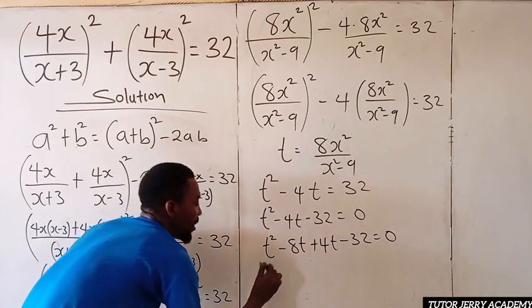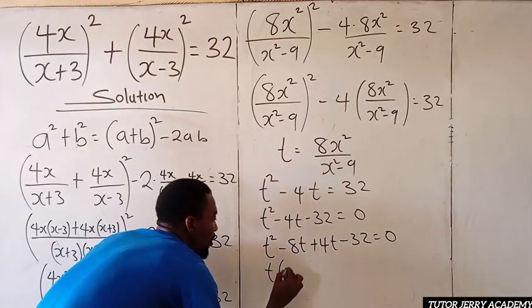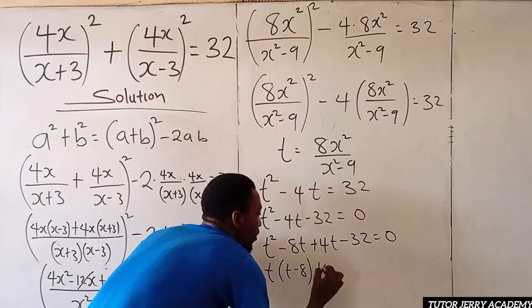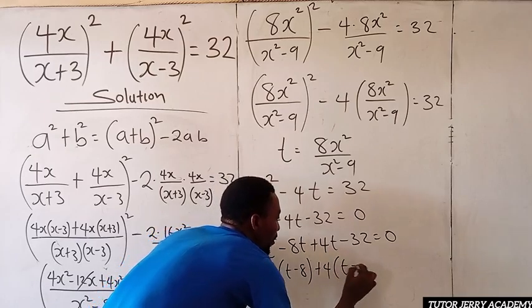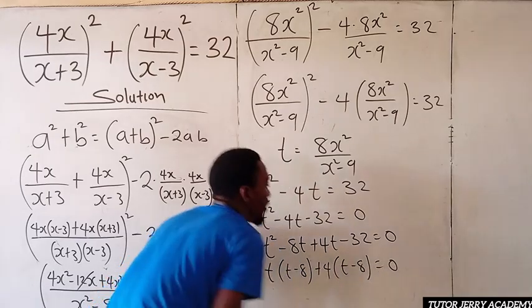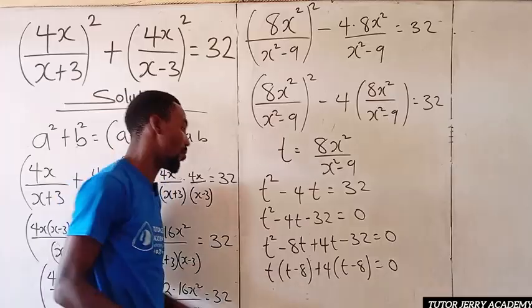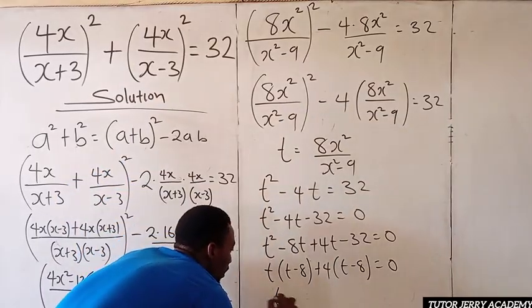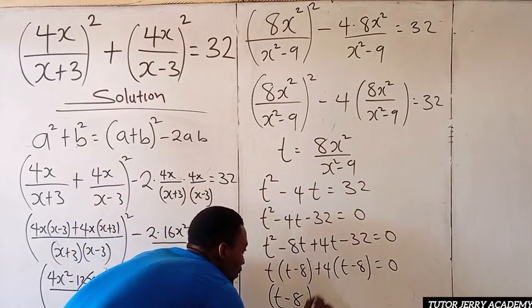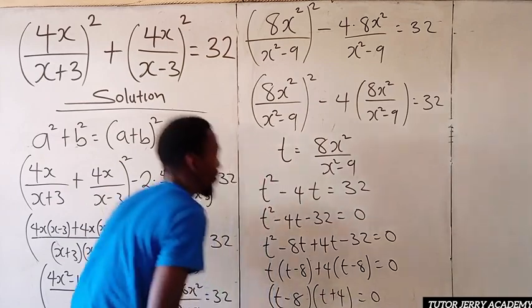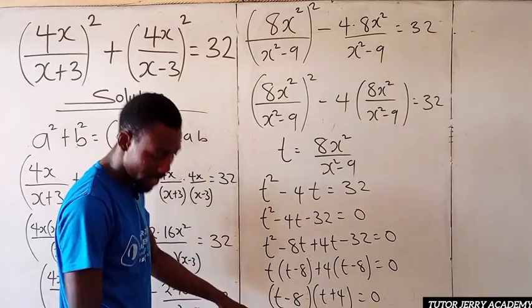What is common here and here is t, so we are going to have t into t minus 8. What is common here and here is 4, so we are going to have 4 into t minus 8 equals 0. You can see that t minus 8 is common. We factor it out, so we are going to have t minus 8 into t plus 4 equals 0.